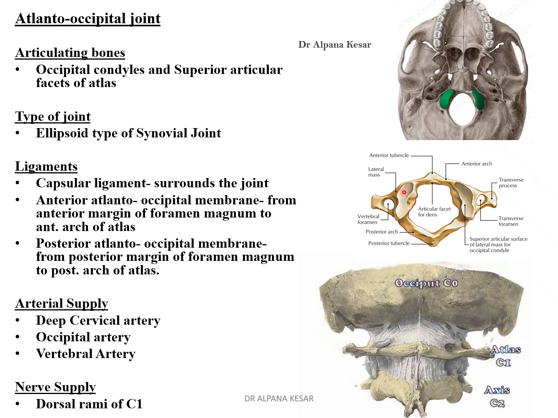The ligaments of the joint include the capsular ligament, which completely surrounds the joint, anterior atlanto-occipital membrane from the anterior margin of the foramen magnum to the anterior arch of the atlas, and the posterior atlanto-occipital membrane, which is this, from the posterior margin of the foramen magnum to the posterior arch of atlas, which is this.